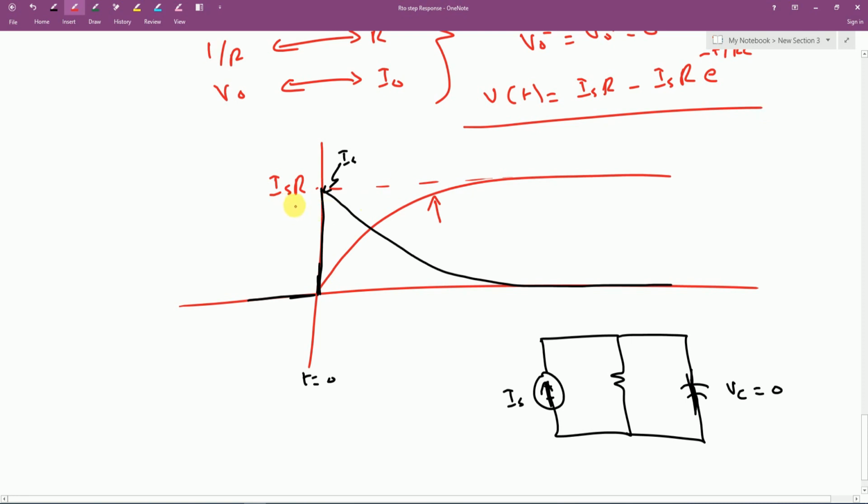So finally the capacitor voltage will become fully charged. As a result, the capacitor current will become equal to 0, and the capacitor will behave like an open circuit, and thereby all the current Is shall flow through this resistance R only, right?